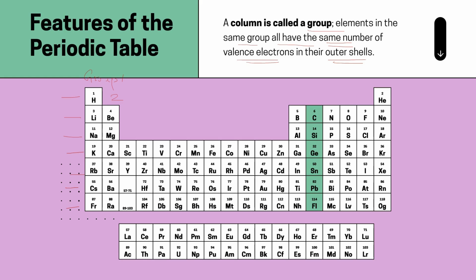Similarly, this is group 2. This you don't count right now. This is group 3, 4, 5, 6, 7, 8 or group 0. So all the elements in group 3 will have the same valence electrons in their outer shell.